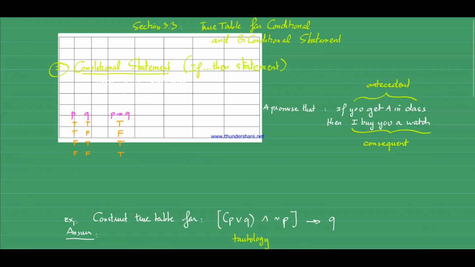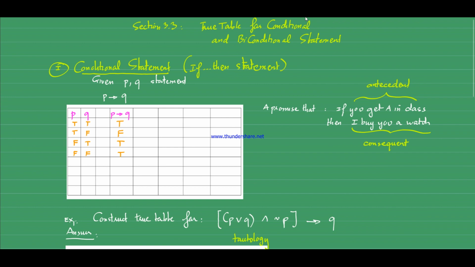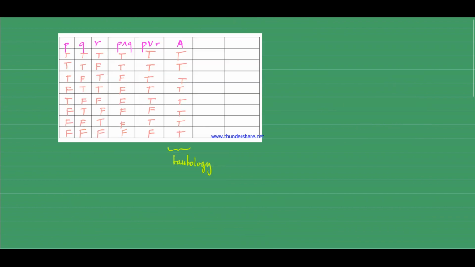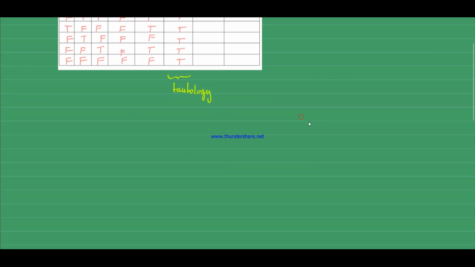Now let's talk about the table for the biconditional statement. So number 2, second Roman numeral: biconditional statement, which is the if and only if statement.